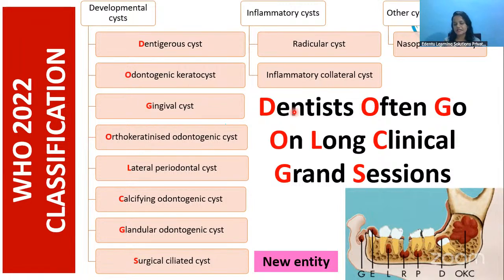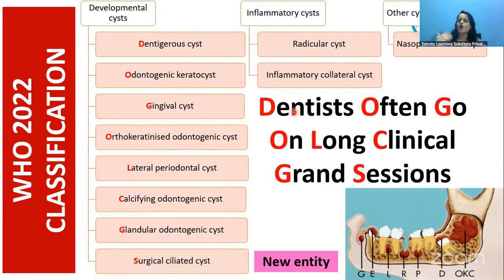Odontogenic cysts are those formed from the tooth forming apparatus, mainly the dental lamina and the dental sac, and all these structures that we already studied in the first year, which contribute to tooth formation. If the cyst forms from any of these, it is included under the odontogenic cyst category.